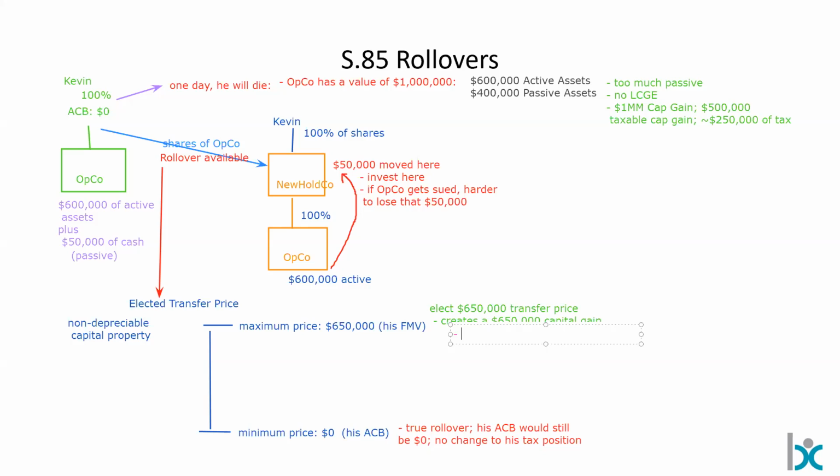So as long as he has at least 90% active assets at the time of disposition and has had 50% active assets for the prior 24 months, then the lifetime capital gains exemption is available.